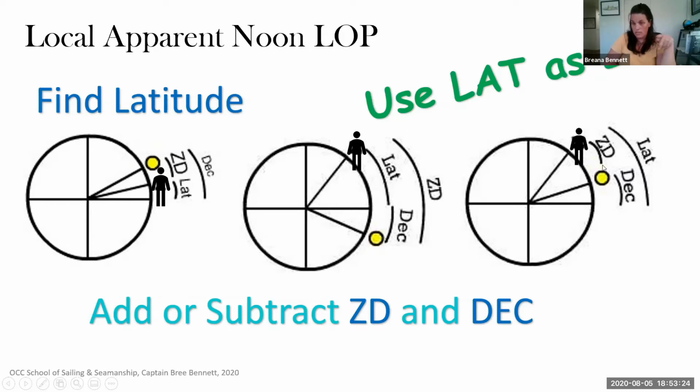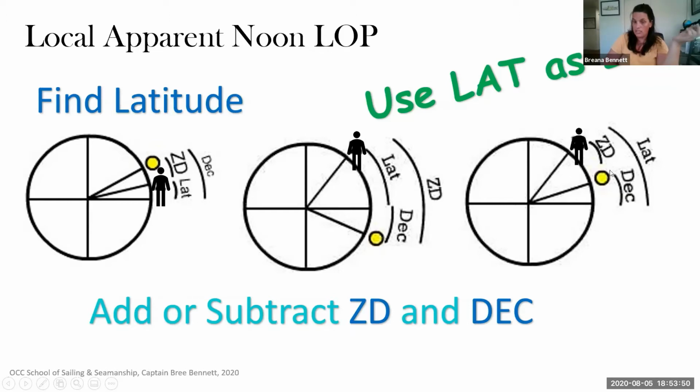In this one, the sun, so this one's for us right now in the summertime, the sun is to the south of us for declination. So to find latitude, which was our LOP, we're going to add zenith distance plus declination, and that will give us our latitude.